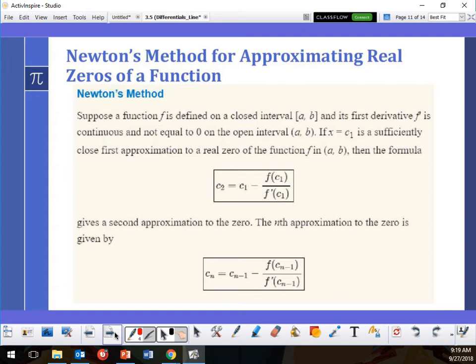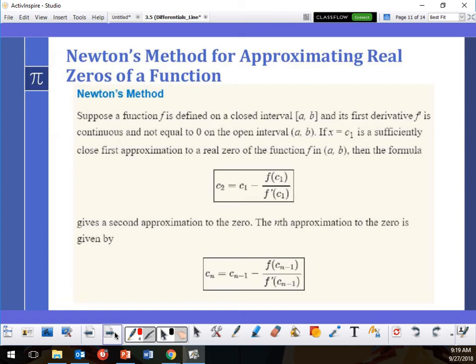So it's the function at that point minus f prime of c, the derivative at that point. That gives the second approximation to the 0, and then the nth approximation.